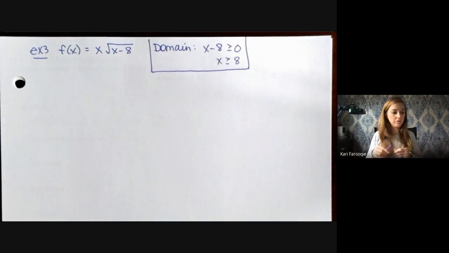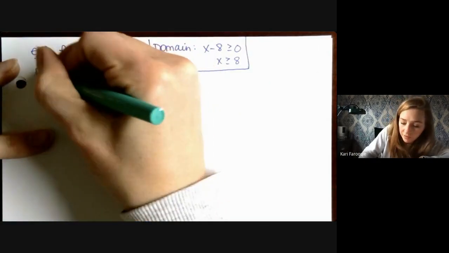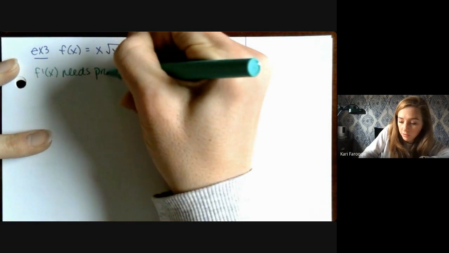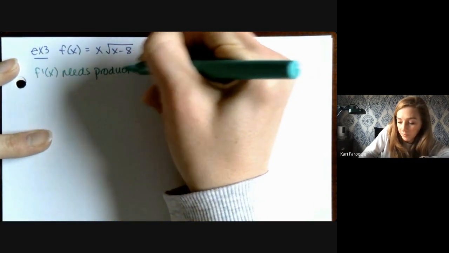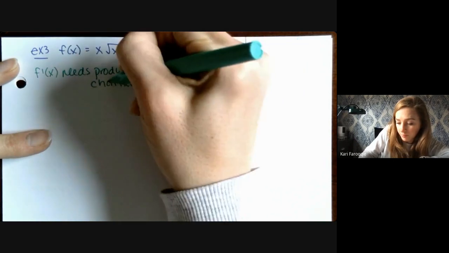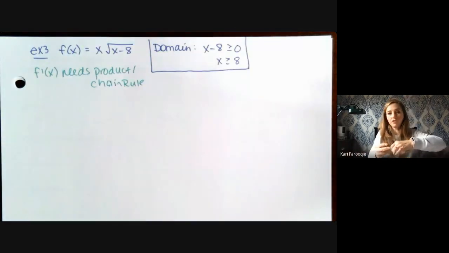The first thing we need to do to use the first derivative test is take the derivative. This derivative is going to need the product rule and the chain rule. F prime of x needs product and chain rule, because the inside function is not just x, it's x minus 8.